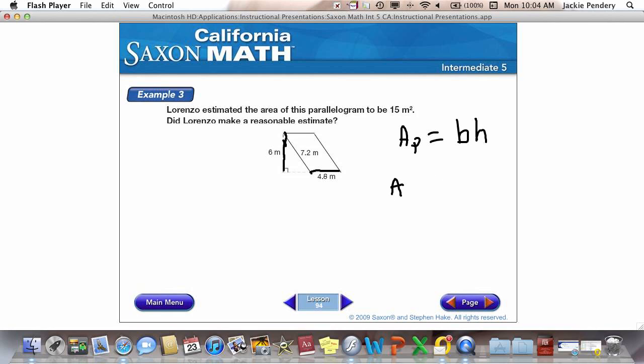So area equals 6 times, we're going to round 4.8 to 5, so 6 times 5, area equals 30 meters squared. But my question asks, did Lorenzo make a reasonable estimate? So 30 meters squared is not my answer.